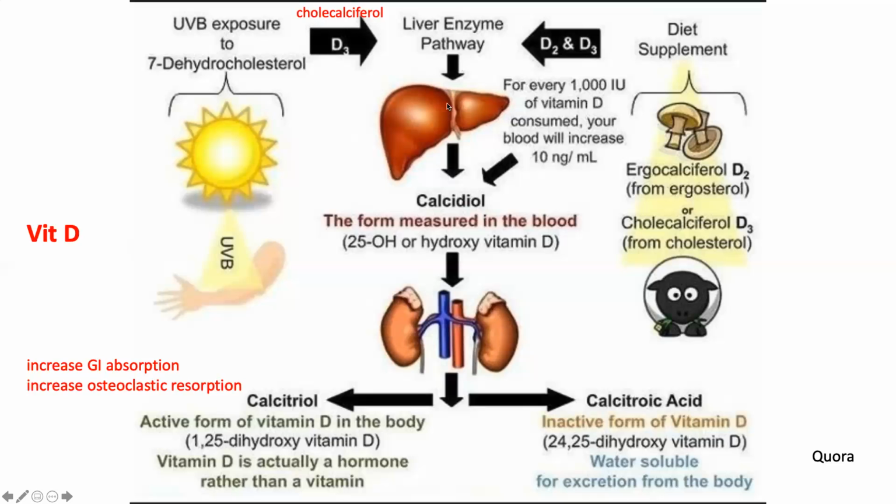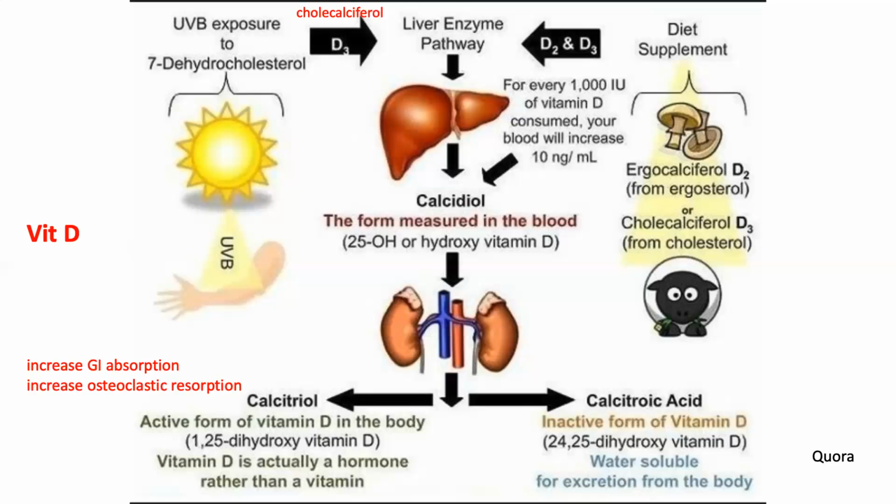This D3 will be taken to the liver, where there will be the first hydroxylation. After hydroxylation, we get 25-hydroxy vitamin D.